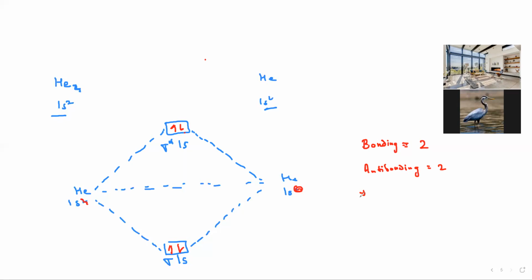So I told you there is a sigma 1s and a sigma anti-bonding 1s. We can't do the same thing every time like this. Suppose I have something which has a p orbital. The p orbital also further breaks down. You know p means there are three orbitals.